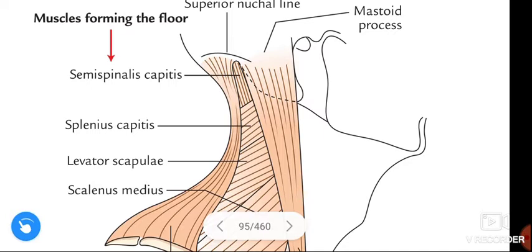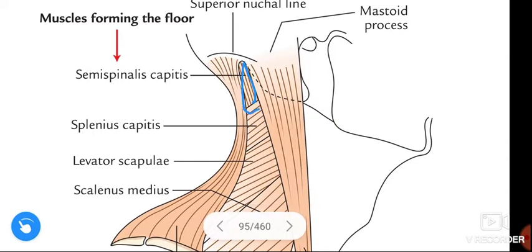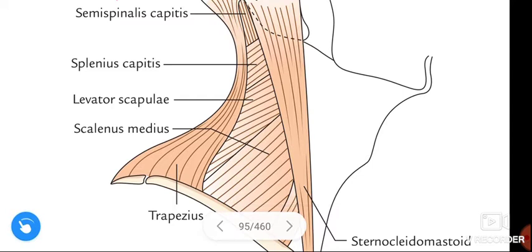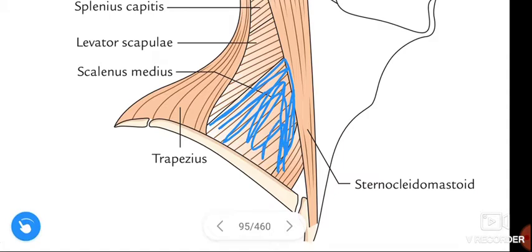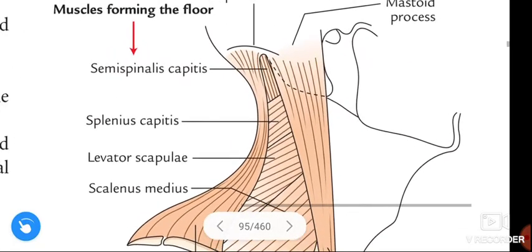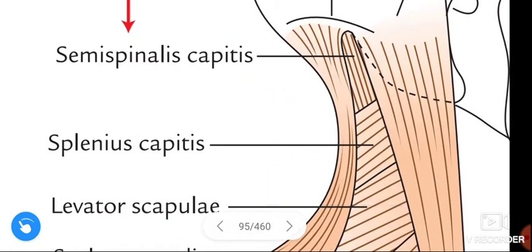See one by one. This is the first. Next, this is the second. Next, this is the third. Next, this is the fourth muscle. Okay guys, see one by one. The first is the semispinalis capitis.